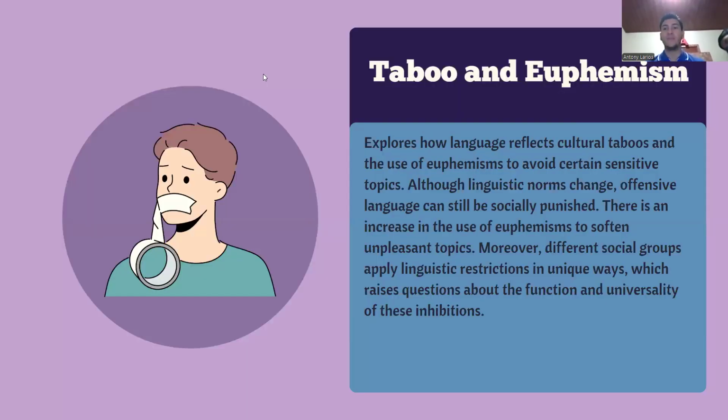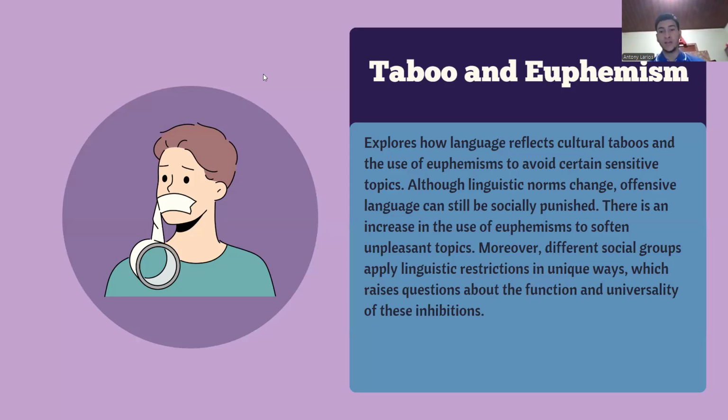Taboo and euphemisms. Explore how language reflects culture, taboos, and the use of euphemisms to avoid certain sensitive topics. Although linguistic norms change, offensive language can still be socially punished.